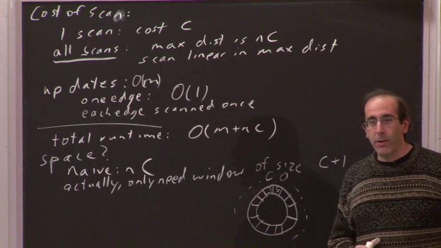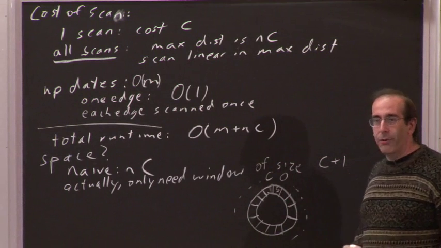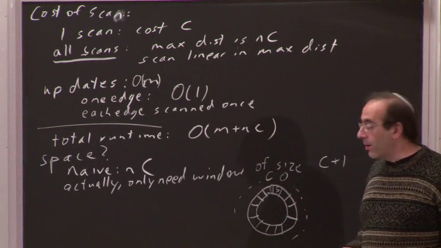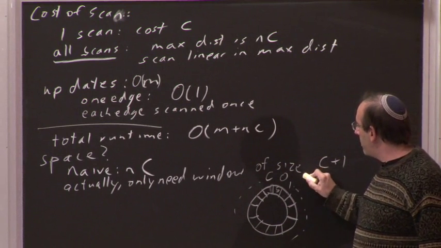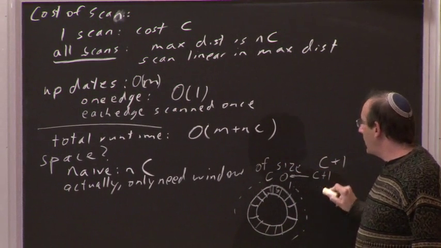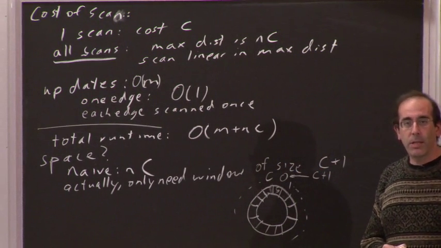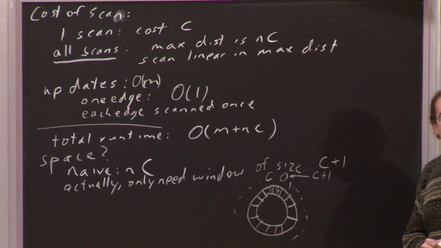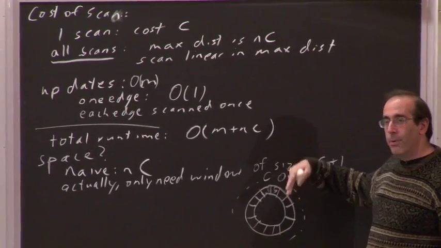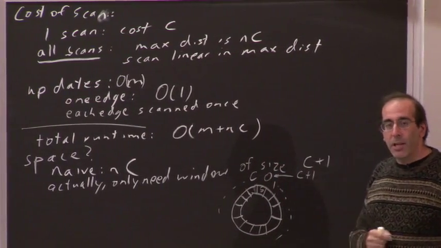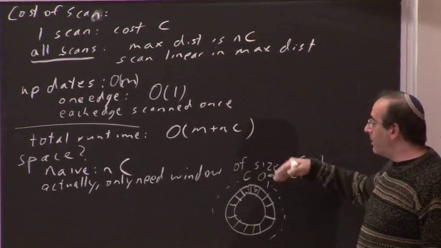And we'll scan bucket 0 and update neighbors. And eventually, we'll be finished with bucket 0, and we'll move on to bucket 1. Well, once we've left bucket 0 behind, we can start using this bucket 0 as bucket C plus 1. Right? And as we move the scan forward, we'll just keep recycling everything that was behind us to be used for a different number.